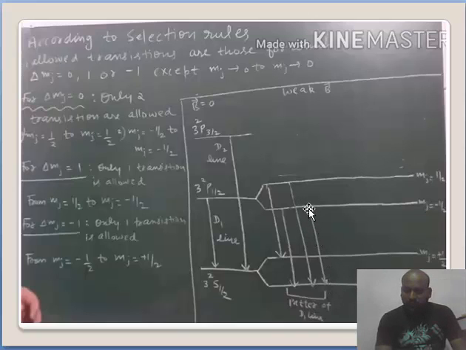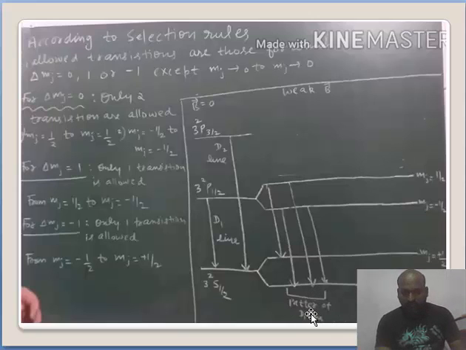When you jump from one energy level to another, the magnetic quantum number must obey the selection rule, that the value is 0, +1 or -1. Other possibilities are not there, only these are applicable. So there are totally 4 spectral transitions that we can combine, the pattern of the D1 line.